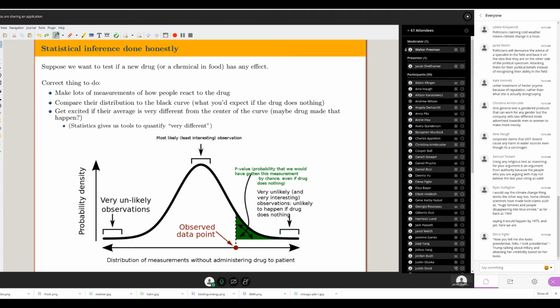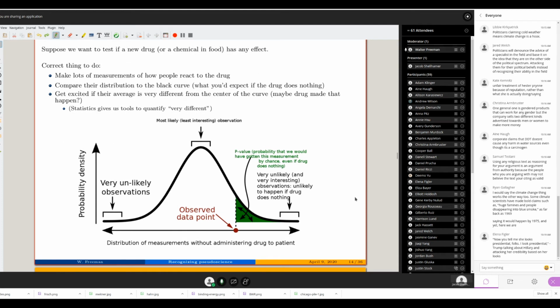And then you would look at the average of how people with heart disease do on this drug. And in your population of people who are not getting the drug, there's going to be a bell curve, a normal distribution, it's called in mathematics, of results.